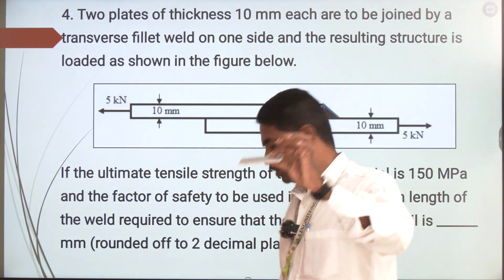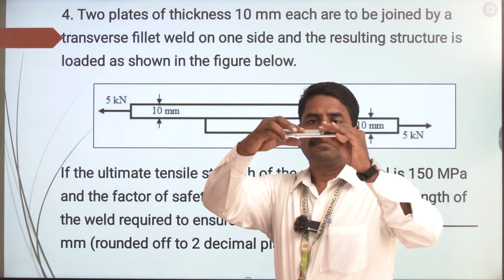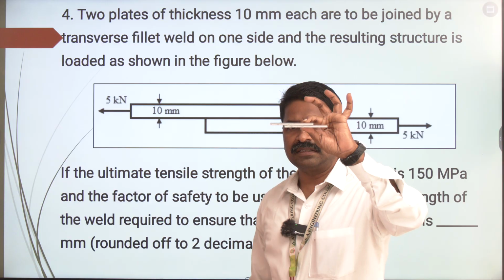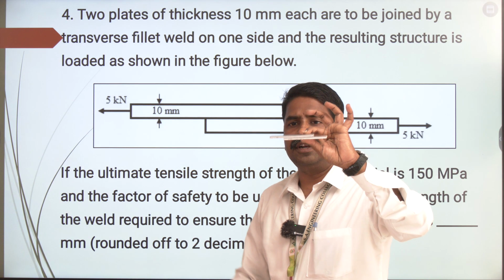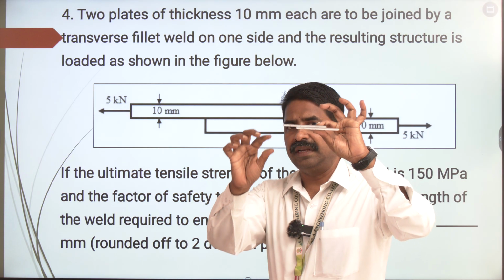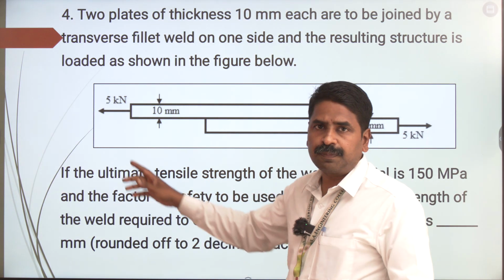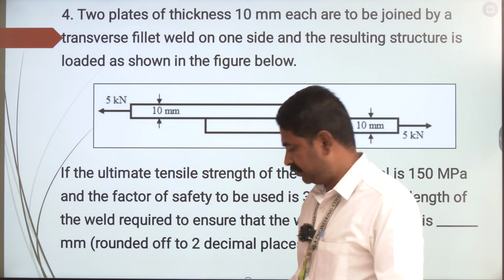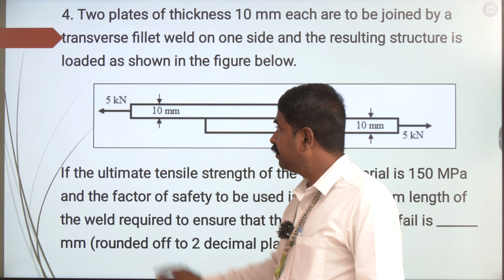Say for example, you are going to join 2 plates like this, and each plate has a thickness of 10 mm, as you can see over here. And you are going to apply a load of 5 kilonewton. So changing it to Newton, it is going to be 5000 Newton.